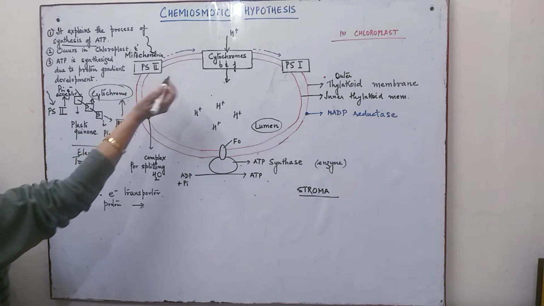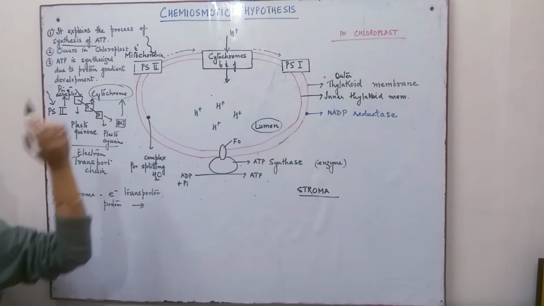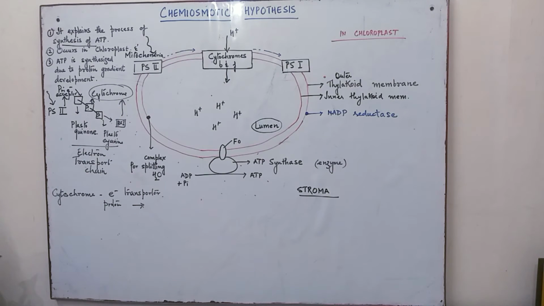So we have mentioned only the cytochrome in this particular diagram, and this blue is marking the movement of the electrons.